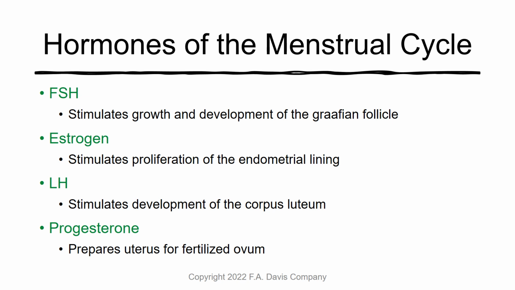Luteinizing hormone is secreted after ovulation by the anterior pituitary gland, and it stimulates development of the corpus luteum. And then progesterone is secreted by the corpus luteum and prepares the endometrium for the fertilized egg to implant and grow. So these are more related to the menstrual cycle.